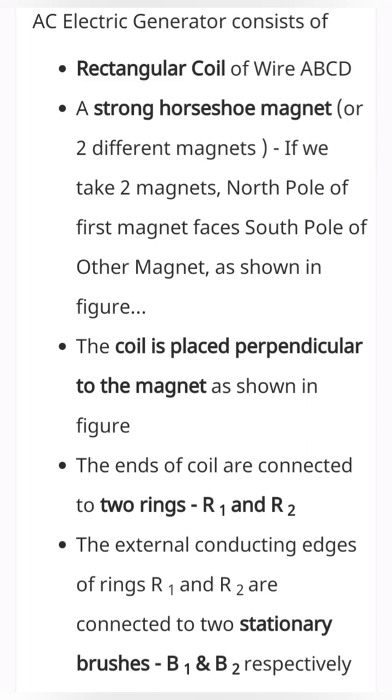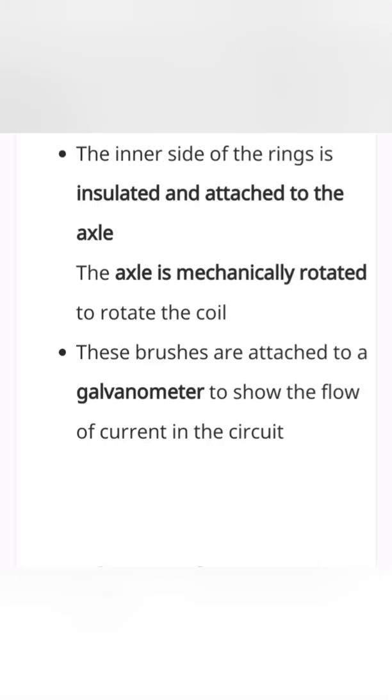These two brushes B1 and B2 are connected to the galvanometer to show the current flow in the circuit. The inner side of the ring is insulated and attached to the axle, which is rotated mechanically to move the coil within the magnetic field.